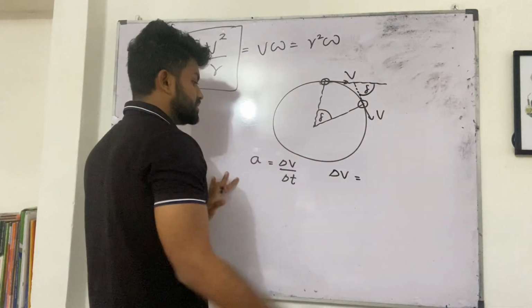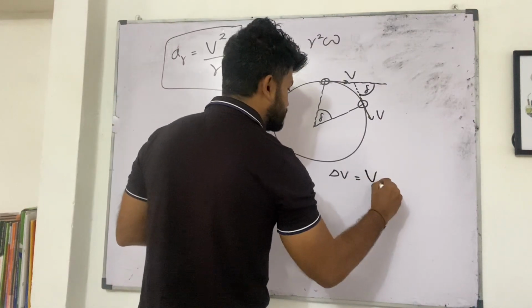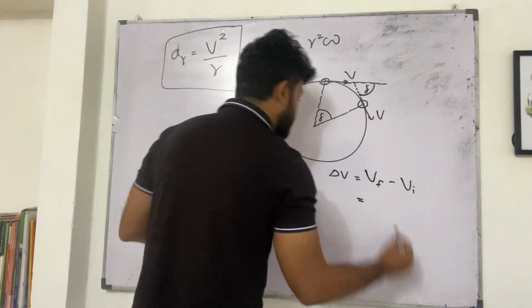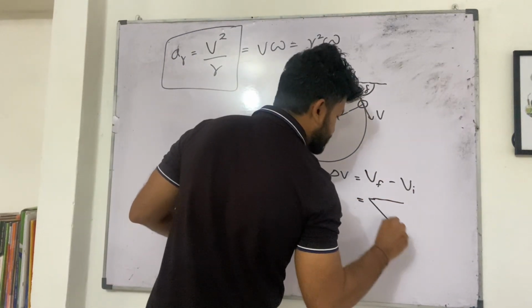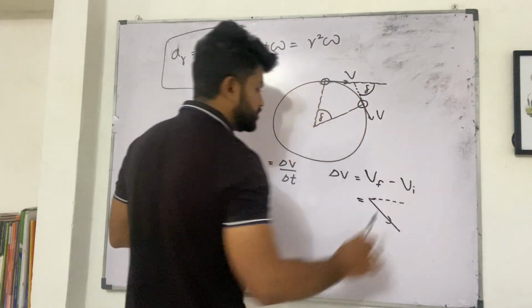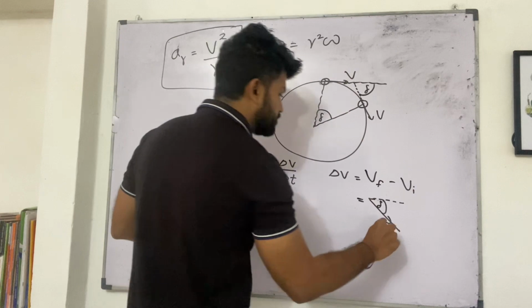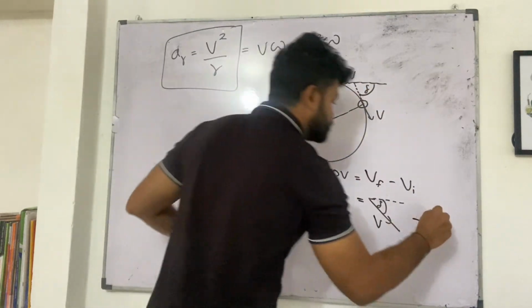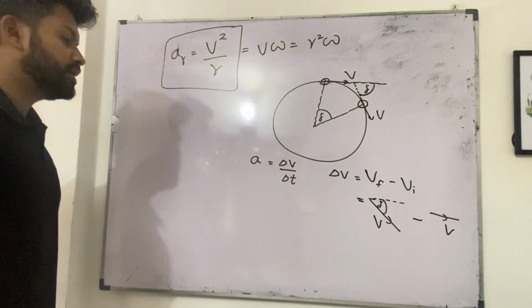Delta v, the change of velocity, is the final velocity minus the initial velocity. So I can write the final velocity in its direction, with dotted lines, and my angle here, and this is v minus the initial velocity. Initially it was moving in that direction, so it's very clear here.